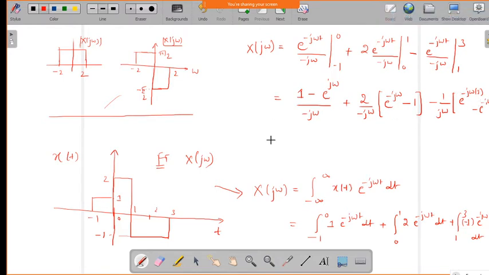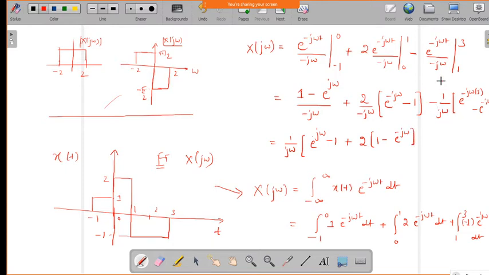So now we can take 1 over j omega common, since it is there in all the terms. If you put minus inside, it will become e power j omega minus 1, plus 2 into 1 minus e power minus j omega.